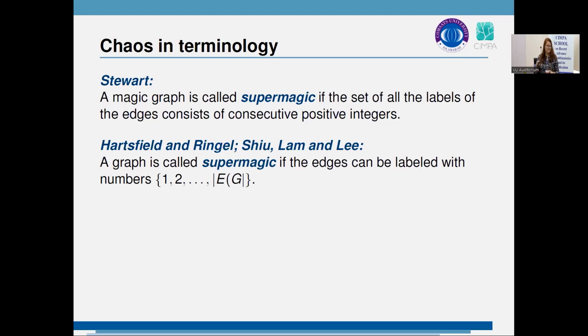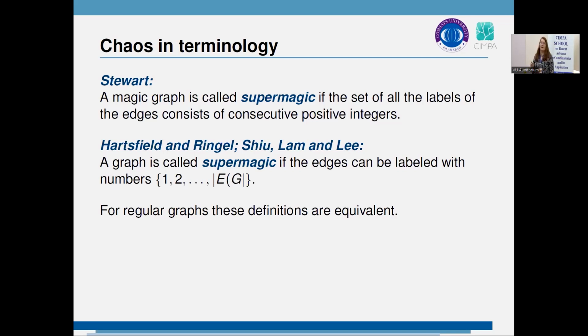So you have to check the definition properly. Of course, if you have regular graphs, these two definitions are equivalent. It's easy to prove that if you have a regular graph that is supermagic, you can start with any number.